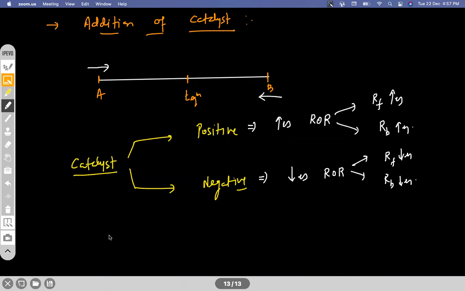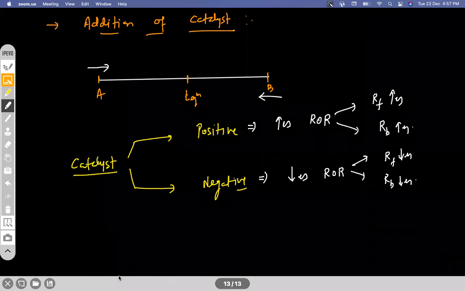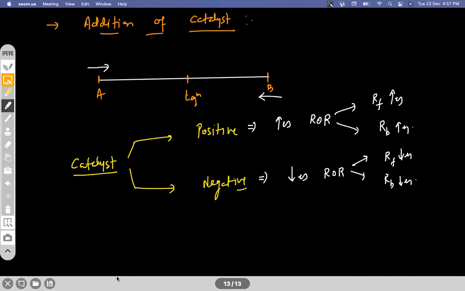Affects, why I'm saying, because it may increase or it may decrease depending upon the nature of the catalyst. So catalyst affects the rate of reaction without taking part in the reaction. Next line, a positive catalyst enhances the rate of reaction.